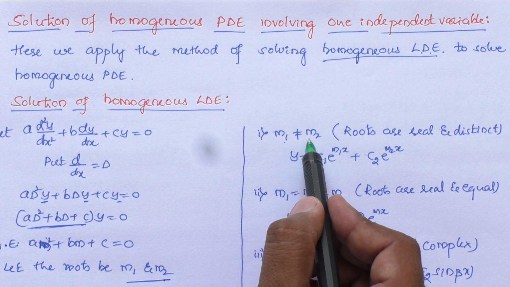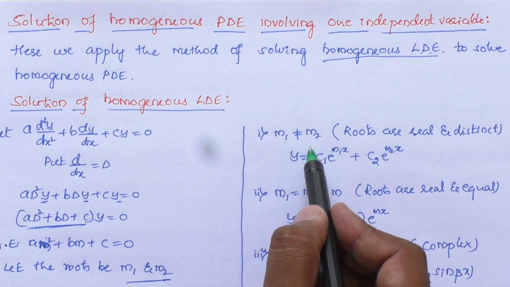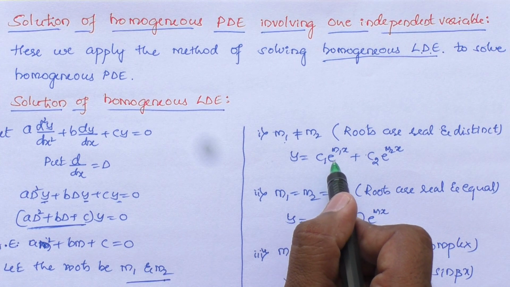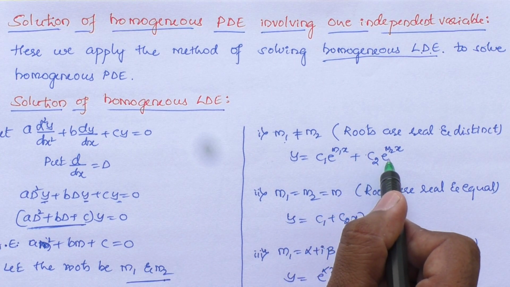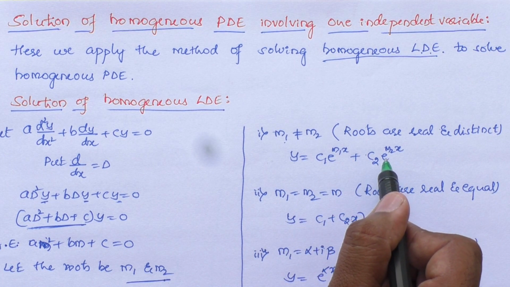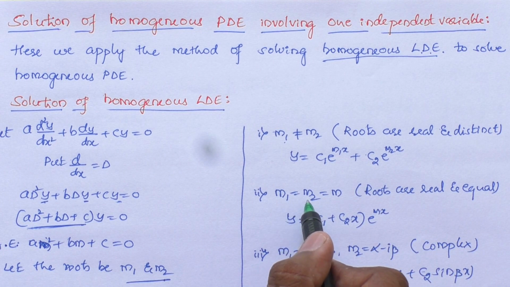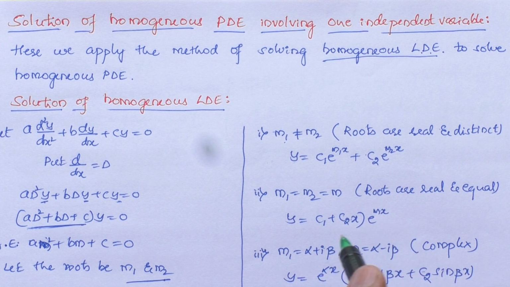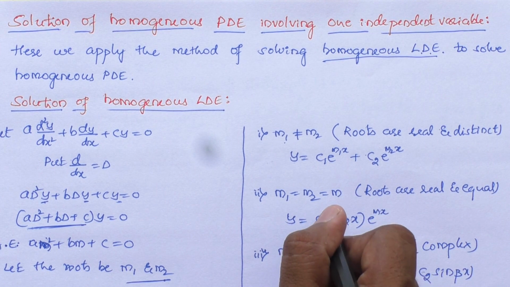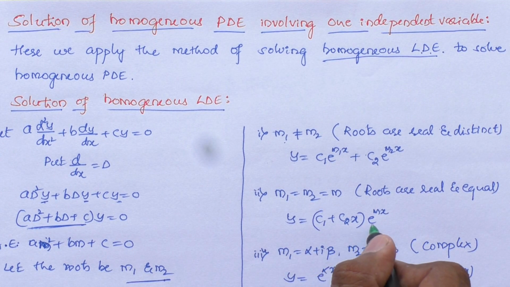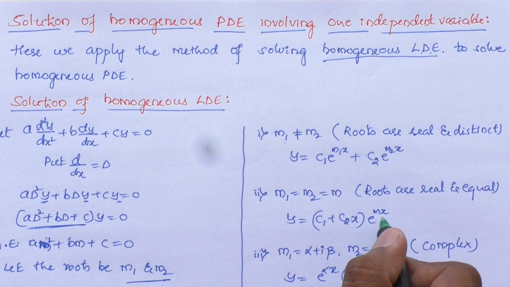If the roots are real and not equal, we write the solution as y equal to c1 e raised to m1x plus c2 e raised to m2x. If both are equal, m1 equal to m2 equal to m, like 2, 2 or 3, 3, we write the solution as y equal to (c1 plus c2x) e raised to mx.